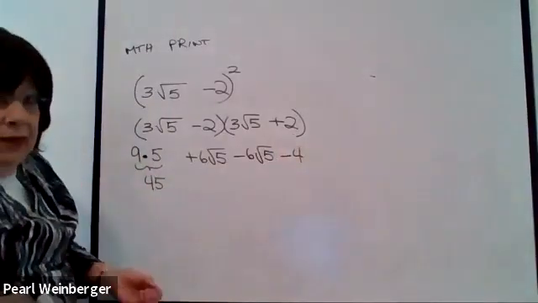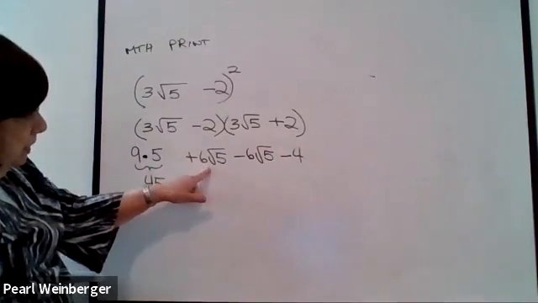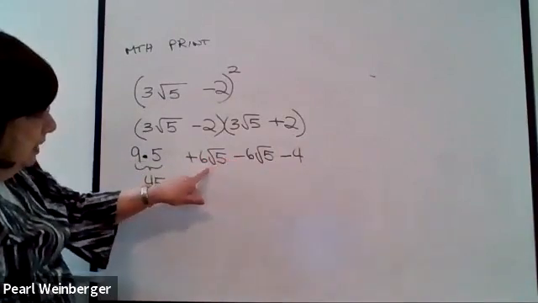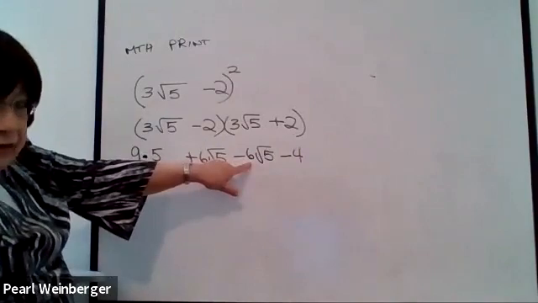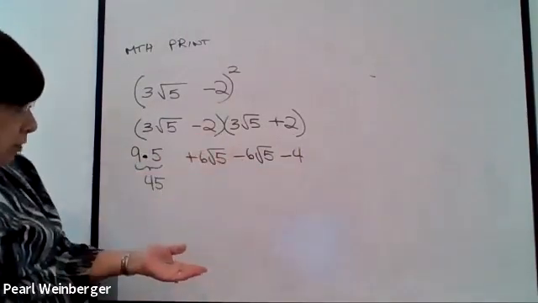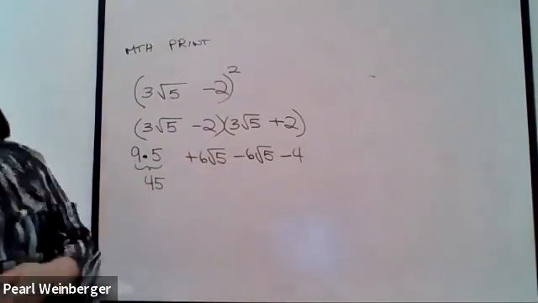And now we want to combine the like terms. And what I notice is the inner and the outer, the two middle terms, are exactly the same, except one is positive and one is negative. So when I add the 6 and the negative 6, I get 0. And 0 times radical 5 is just 0.